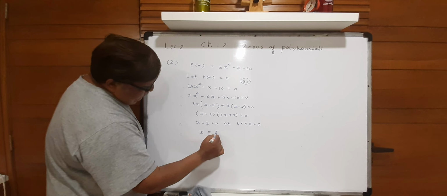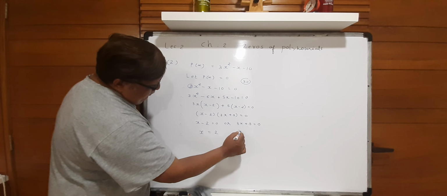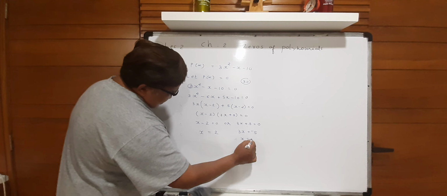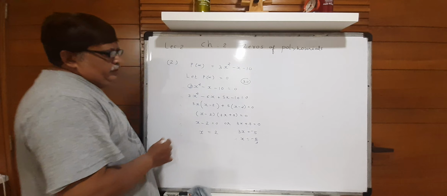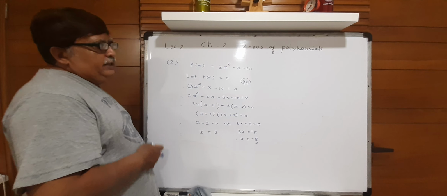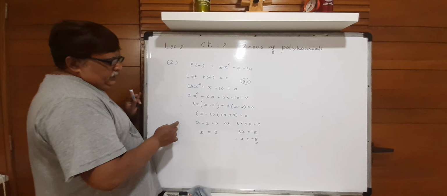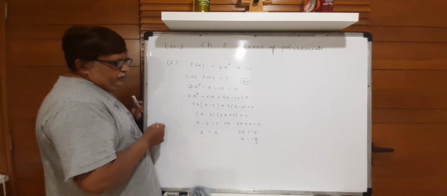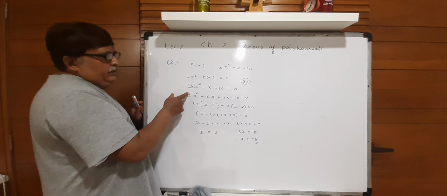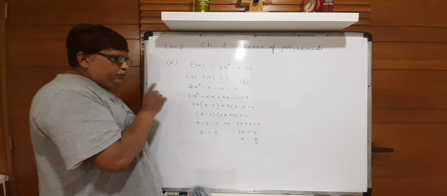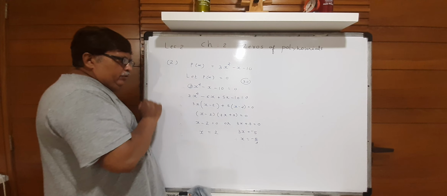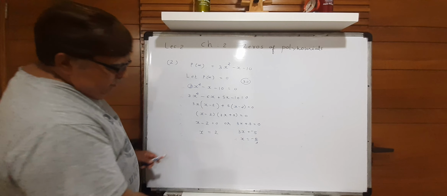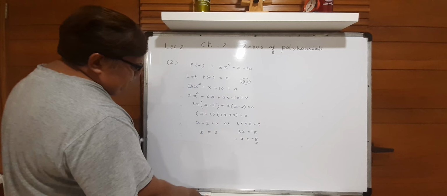Therefore, x equal to 2, and here directly first 3x equal to minus 5, then x equal to minus 5 upon 3. We got the zeros. You have to write in the end what the zeros are, 2 and minus 5 upon 3. Every now and then when you find zeros of polynomial, you have to be very watchful regarding this. Understood? Okay. Verify the second example.